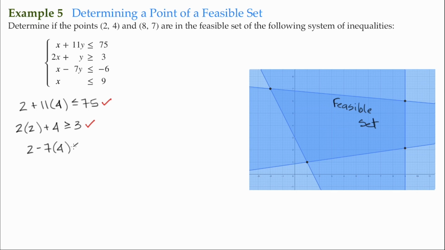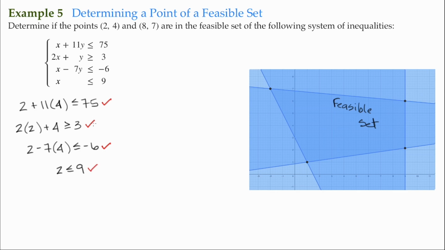Is that less than or equal to negative 6? 7 times 4 is 28. 2 minus 28 is negative 26, and negative 26 is less than or equal to negative 6. So it satisfies that inequality. And of course, 2, that's x, is less than or equal to 9, so it satisfies that inequality also.